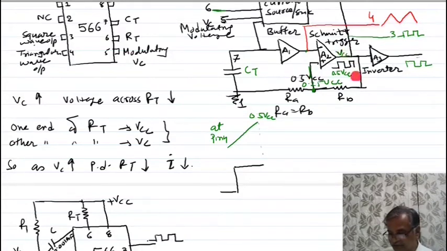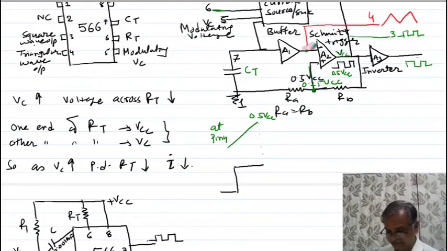Here the output is VCC. As a result, the voltage here is what I have written, 0.5 VCC. The voltage at the inverting terminal is obtained due to charging of the capacitor. When this voltage is less than 0.5 VCC, the non-inverting voltage is more, so the output is high. When the charging of the capacitor goes above 0.5 VCC, immediately the output of the Schmitt trigger will be low.